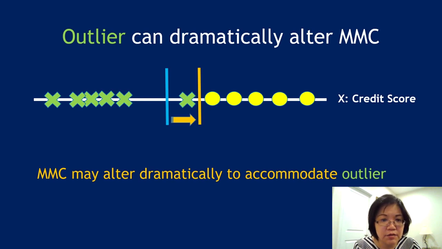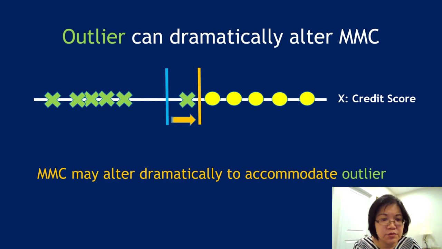So the green cross over there is considered an outlier because it's actually close to the yellow dots, and it's far away from the other green crosses. So it's actually a misnomer, it's an outlier. It really doesn't belong in its own class. And this outlier kind of messes up the boundaries of the two classes.